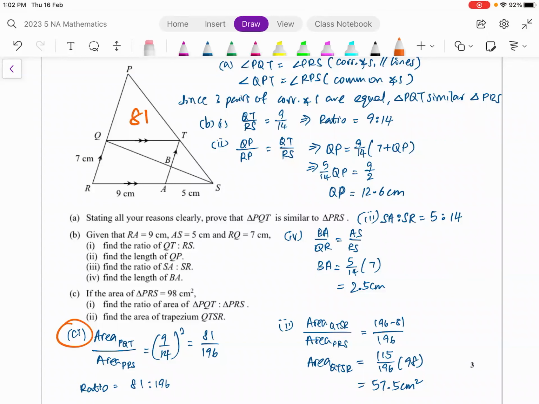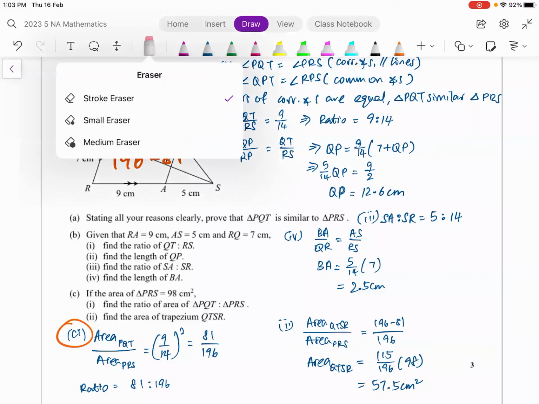The whole triangle was allocated how much? The big triangle, PRS. In your C part 1 answer? Yeah, 196. So the whole thing was 196. So 196 minus 81 must be here, right? Do you agree? And that gives us how much? 196 minus 81, 115.